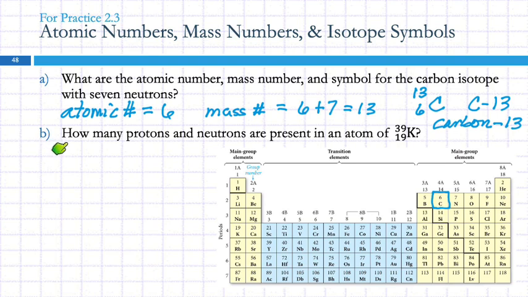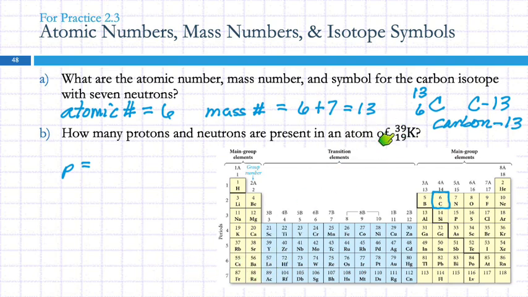Here's another one. How many protons and neutrons are present in an atom of potassium 39? Well, how do we figure out the number of protons? It's actually the small number at the bottom, 19. Oh, yeah, it is the big number on the chart here. So there's two ways.